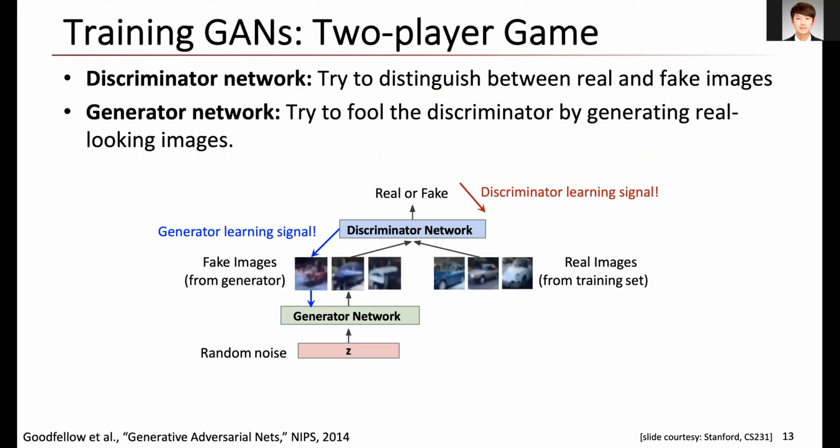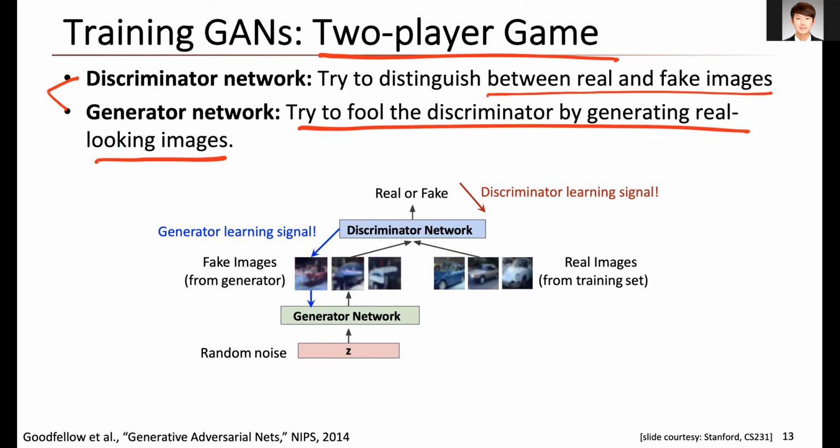So training a GAN is a two-player game. We have two networks which have two different goals. The discriminator network tries to distinguish between real and fake, or generated, images, and the generator network tries to fool the discriminator by generating real-looking images.